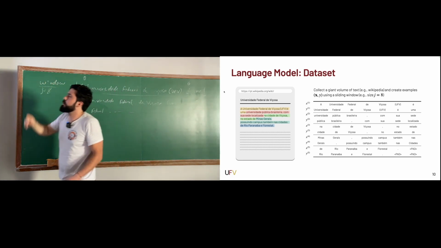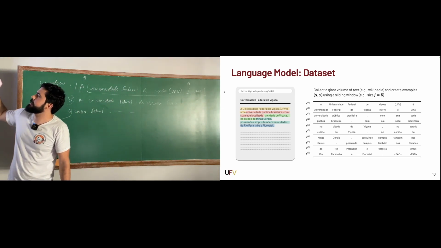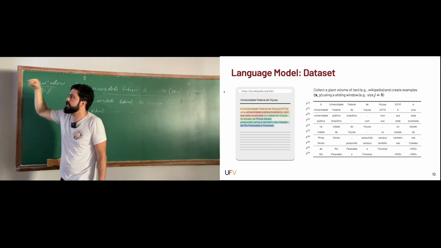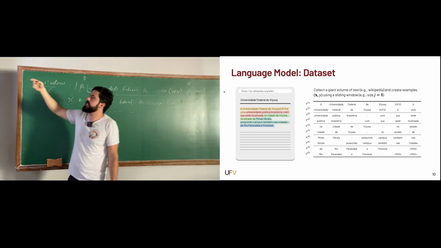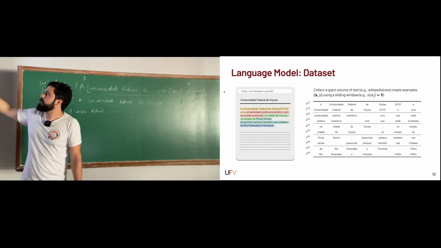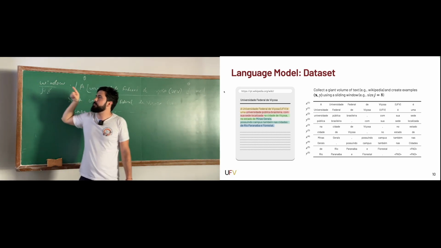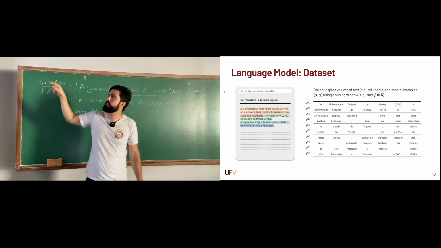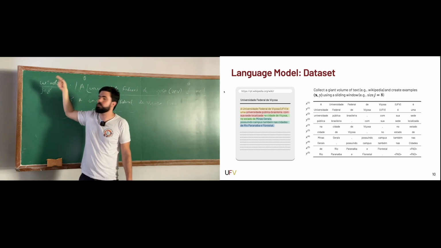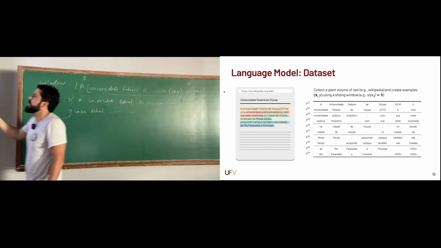Okay. So the goal here is to predict the word Universidade from the word A. And then I want to predict the word Federal from the sentence A Universidade. And then I want to predict the word de from the sentence A Universidade Federal, and so on and so forth. So the way you read this table is like this.